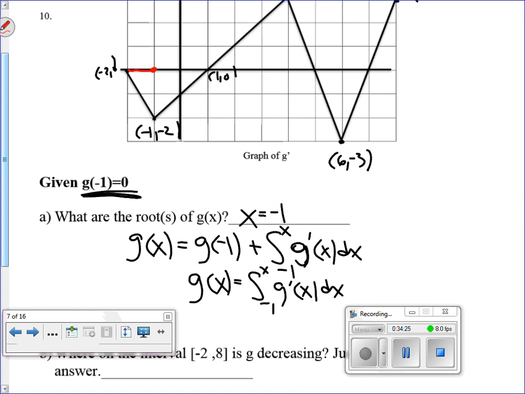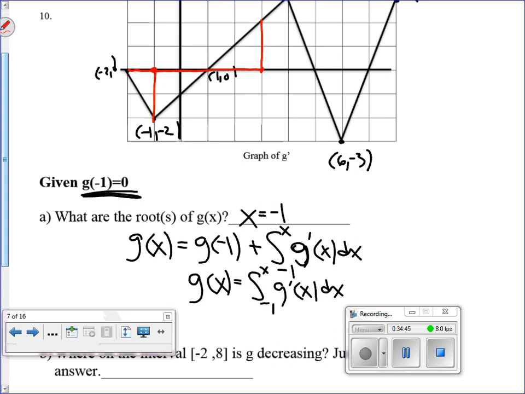But now let's say we start looking at values of x to the right. I'm looking to see when between -1 and some number the area above and below will ever cancel each other out. And yeah, that's going to happen right here.